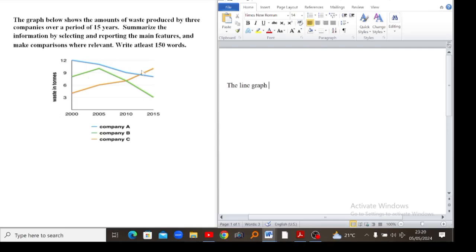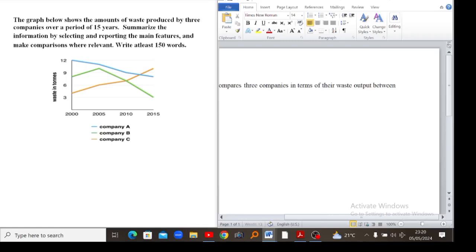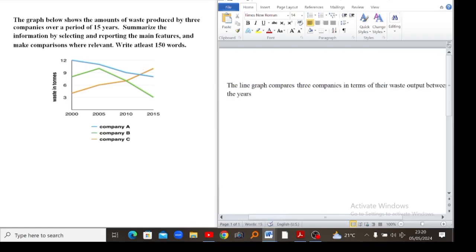This is more of a comparison, so we could say compares 3 companies in terms of their waste output between the years 2000 and 2015, full stop, because they gave us these years from 2000. This is a 15-year period.